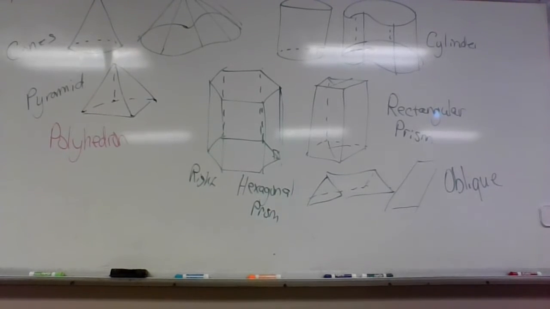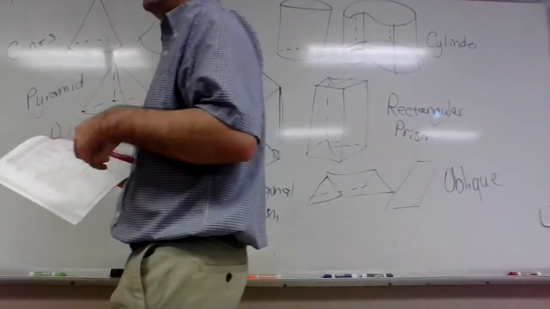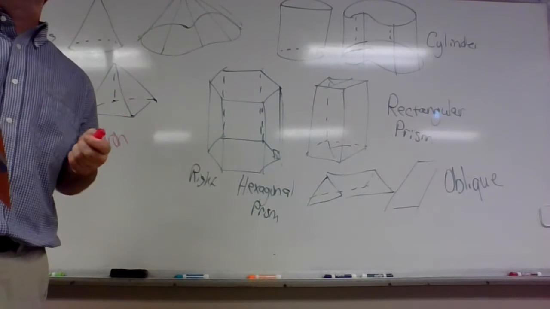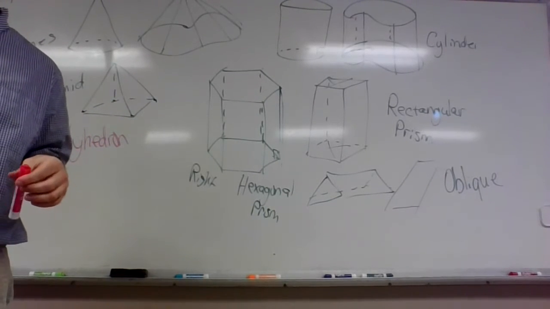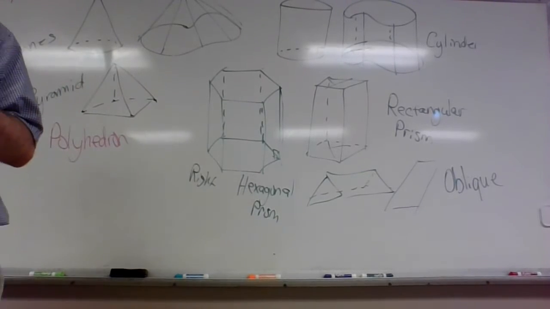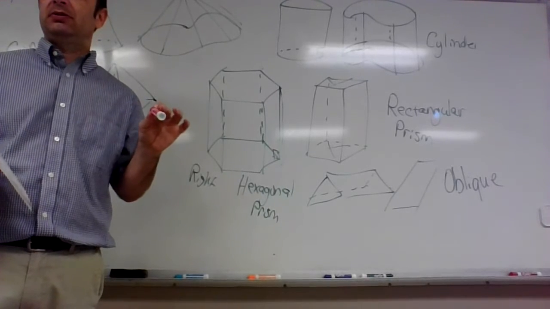You basically write the word pentagon and put an AL at the end. Number one, we're saying what type of cone it is. It's a pentagonal pyramid.